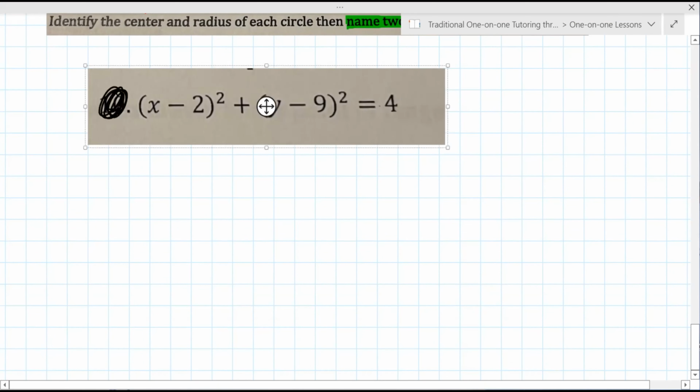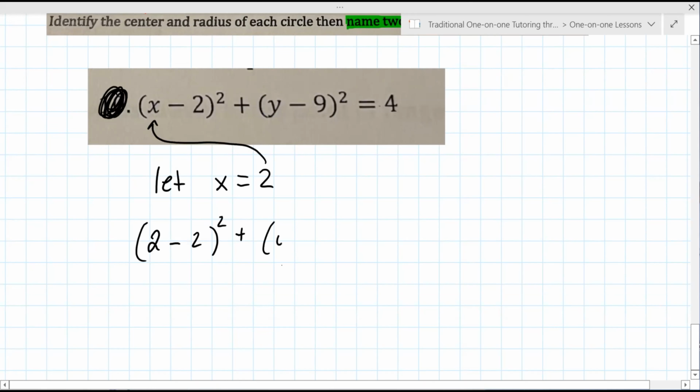Okay, to do this, we're going to first let x equal 2. So we're gonna put 2 in for x: 2 minus 2 squared plus y minus 9 squared equals 4. So all I'm doing is just putting 2 in for x, and then we're going to simplify.